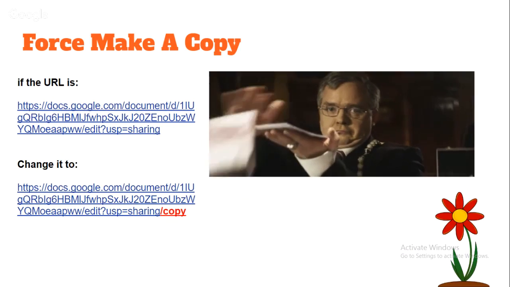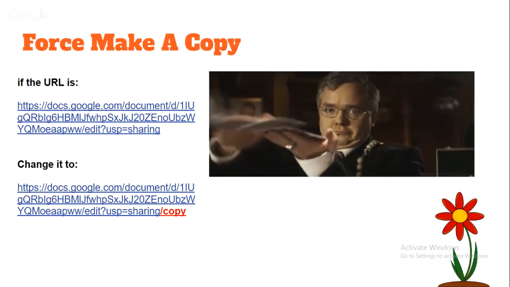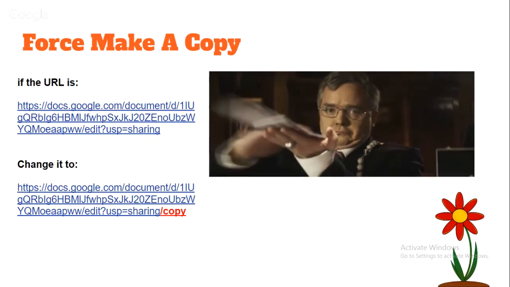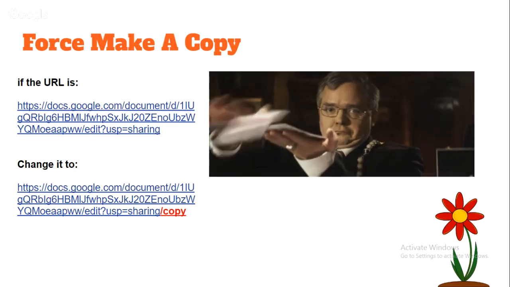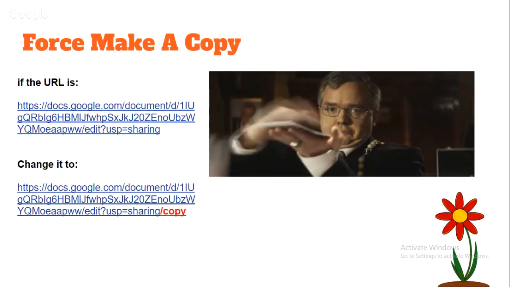You just figure out what your URL is for the file that you want to copy, and you're going to change the ending of it to /copy. You're just going to add /copy at the end. And so when they go to open it up, it's going to force them to make a copy so it doesn't mess up your original copy. So this is really cool. And that way you don't have to deal with the permissions and the rights.